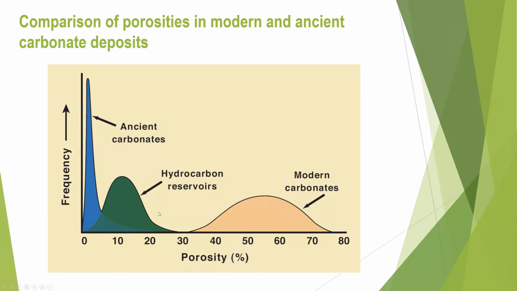But because of diagenetic effects, for example cementation or compaction, for most carbonate rock the porosity changes from this high porosity area to between 0 and 5% porosity. And for carbonate reservoirs, it's about 10% to 30% porosity.